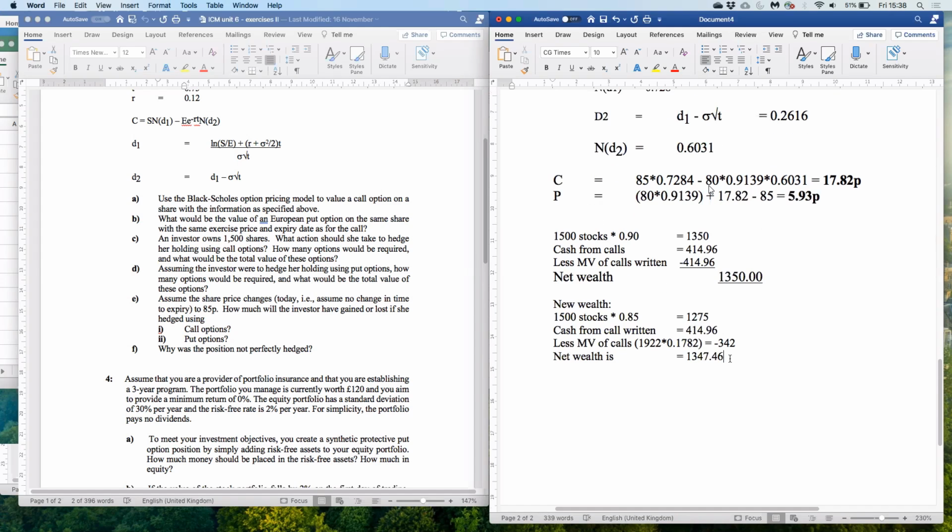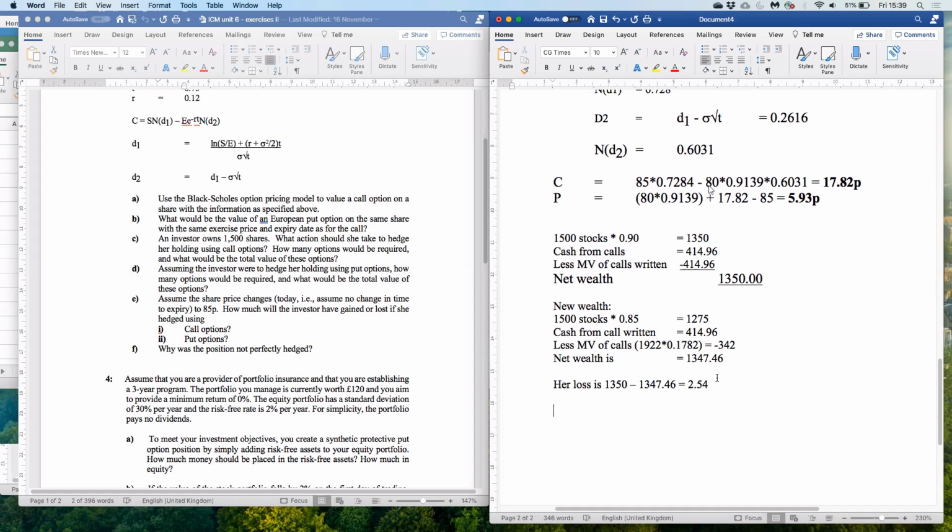So since the net wealth is less than the original net wealth, our loss is 1,350 minus 1,347.46. This is 2.54.